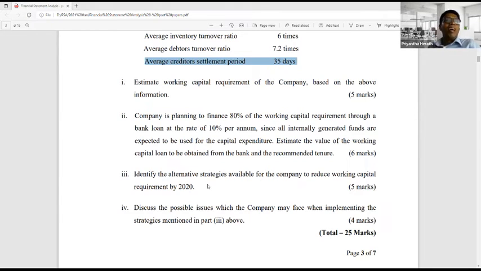The next strategies: to reduce debtors, you can even promote cash sales. You can give incentives to your sales team if they make cash sales. You can also give discounts to customers if they pay and take the goods, to reduce debt collection and also to improve your inventory.